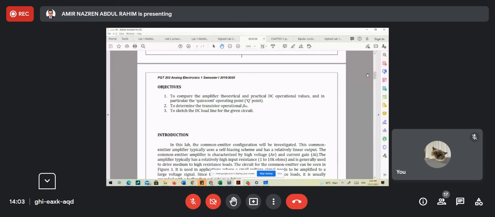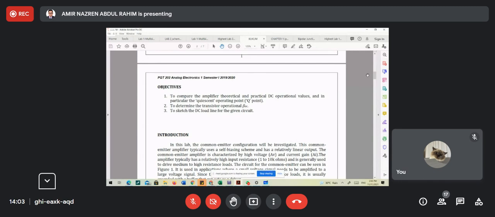And then we will look at the quiescent operating point, the Q point. Then we will draw our load line and see where our Q point is. Then we make a comparison between the theoretical and the measurement.